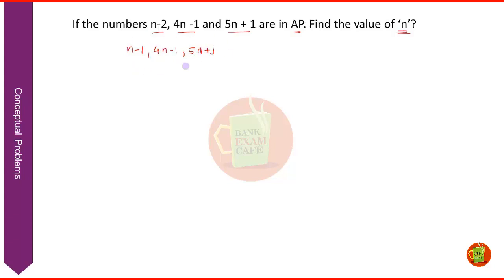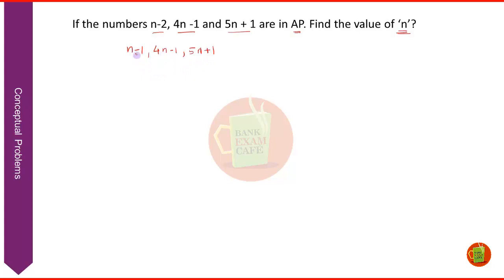When it is said that the numbers are in AP, it means the common difference between each successive number is the same.